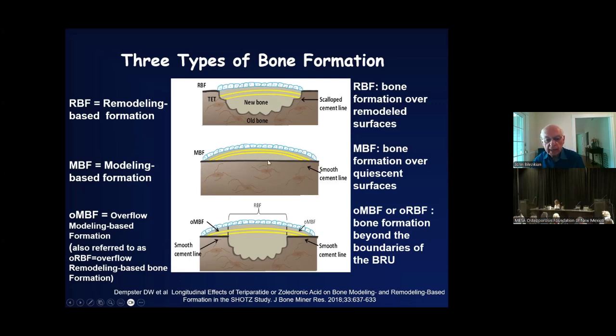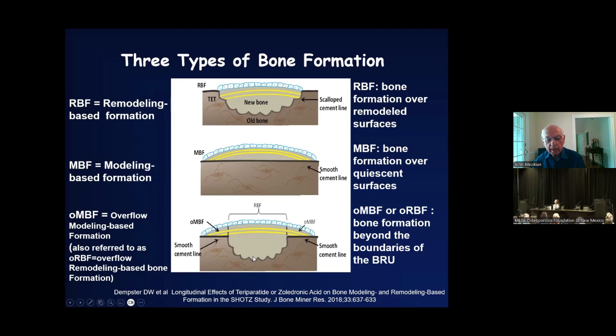In the middle is a different way of forming bone, and we think of this more in the growing skeleton, but it has also been shown in adults, not only with teriparatide, but with other drugs, that you can form bone on quiescent surfaces with no evidence of previous bone remodeling. And again, it's appreciated now that adults do have a capacity to form bone on quiescent surfaces.